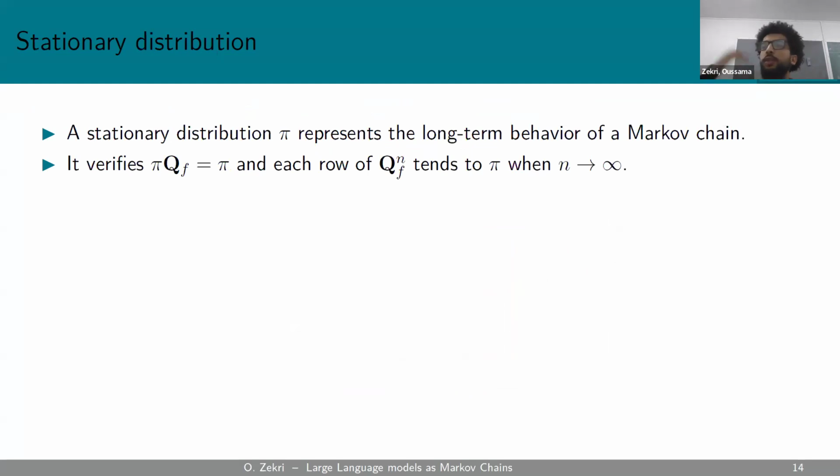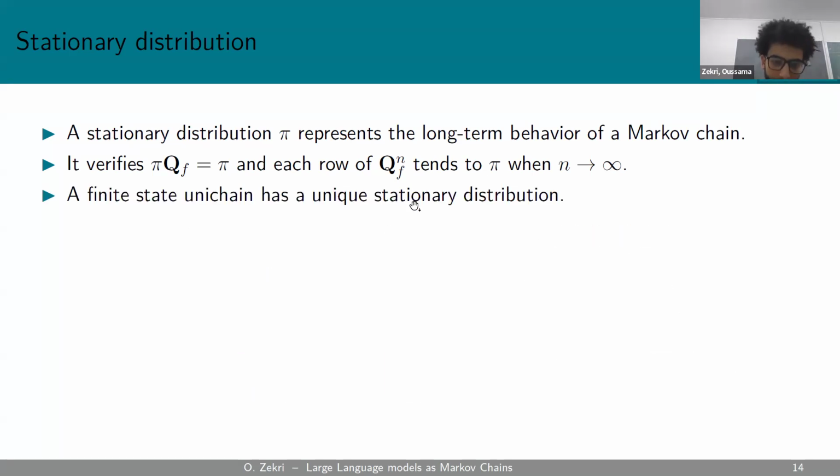It means that if you generate a lot of times with a Markov chain, it will tend to a stationary distribution, in the sense that when you do another multiplication, you just have the same distribution vector. And the cool thing with a Markov chain is that n-step generation is just the power n of the matrix, right? Basically, this matrix will tend to the stationary distribution when n tends to infinity.